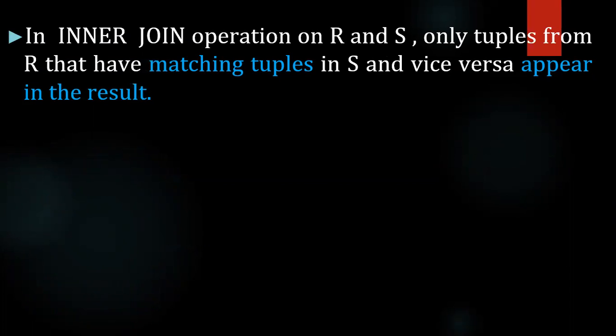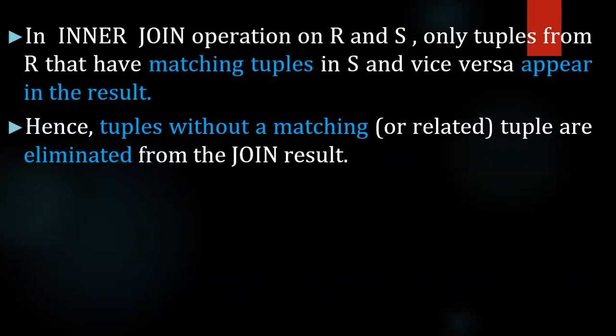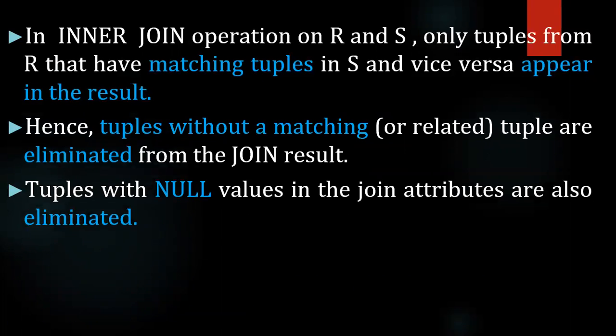Means the tuples which are satisfying the condition will appear in the result, and the tuples which are not satisfying the condition, the tuples which are not matching, will be eliminated. And sometimes we'll have null values in the tables. Again, the null values will not come under matching tuples. They should also be eliminated.